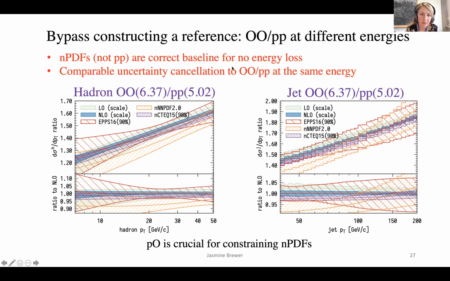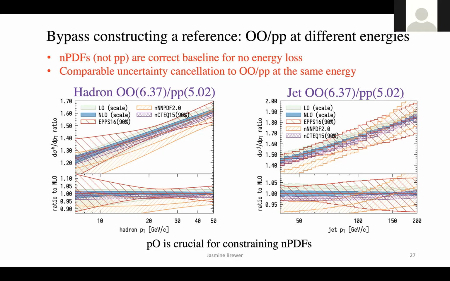Right. Yes, we did look, so the proton PDF uncertainties are essentially negligible here. It's a very good point, and the point I wanted to make is that, as you were saying, the advantage in the perturbative calculation of taking the ratio at the same energy is that the scale uncertainty cancellation is better, and the proton PDF uncertainty cancellation is also better.